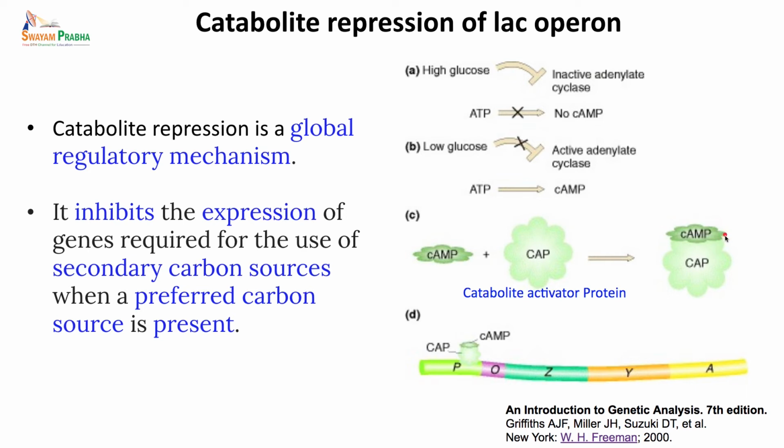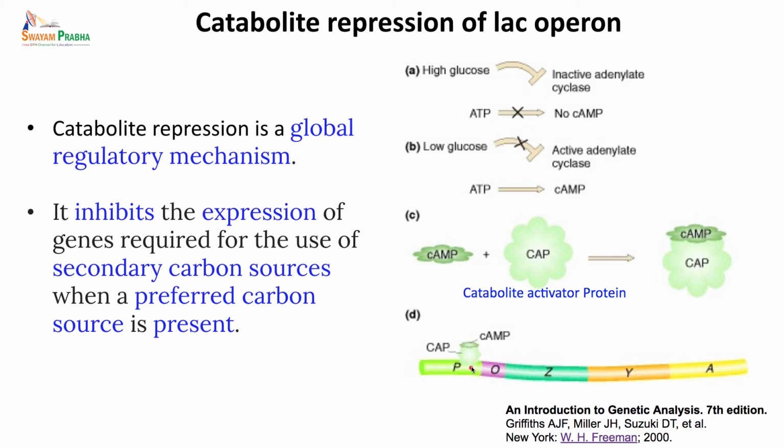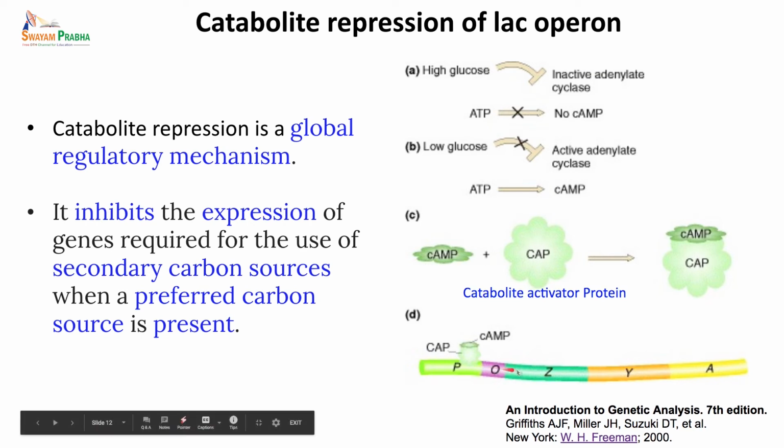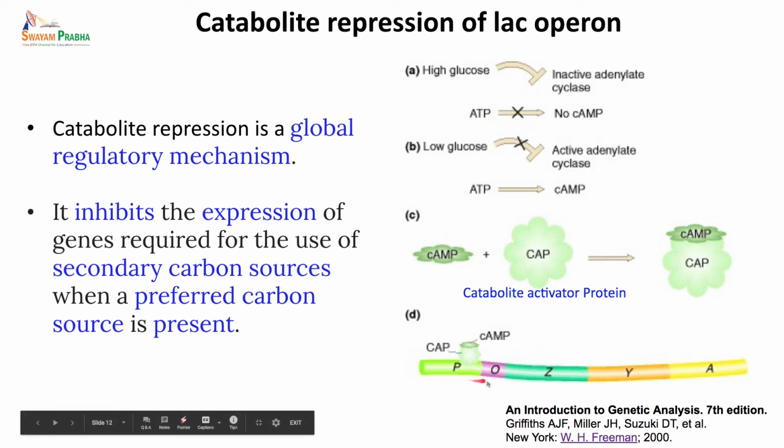Cyclic AMP is the allosteric regulator of the activity of this CAP protein, and then it goes and binds to the promoter region of this lac operon, and it will repress the expression of the Z, Y and A genes from the lac operon.